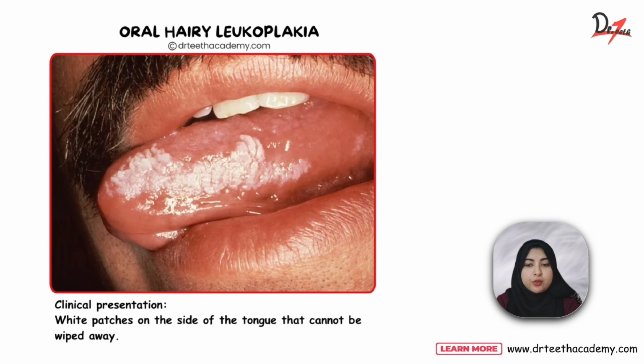So instead of warty lesions, we have the development of hairy, non-wipeable white plaques, which is clinically known as oral hairy leukoplakia. Hairy leukoplakia is caused by Epstein-Barr virus, that is HHV4, and not the warty lesion of our question. So this is not the right answer.